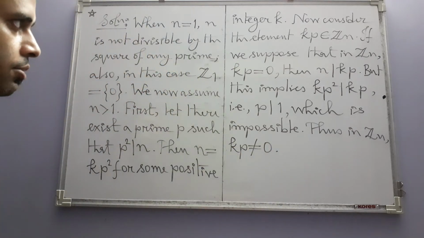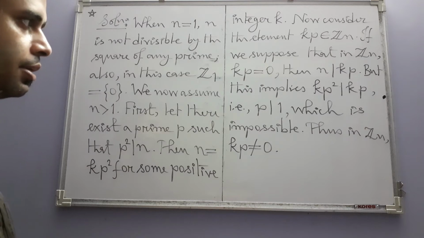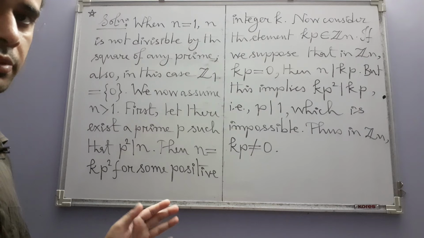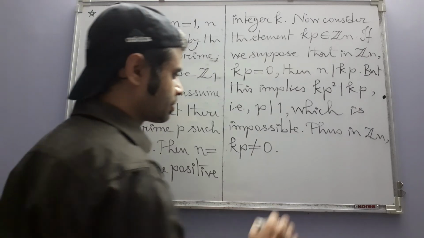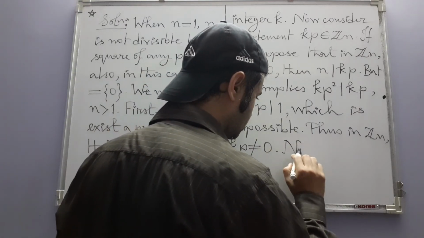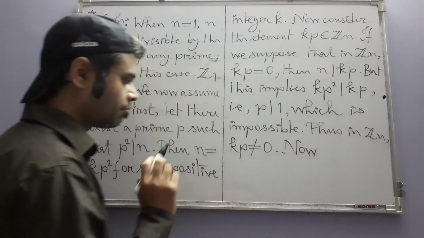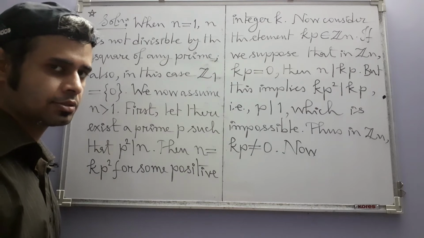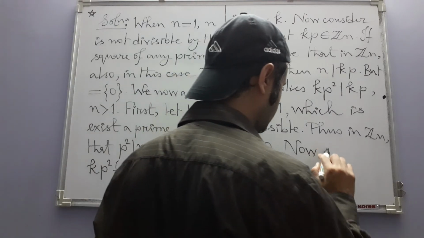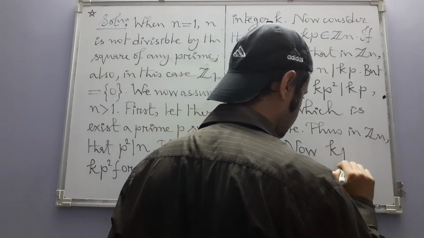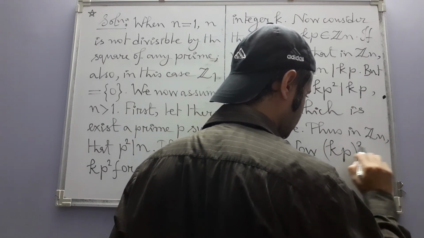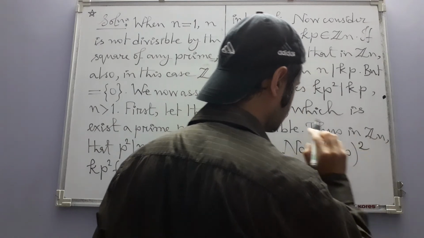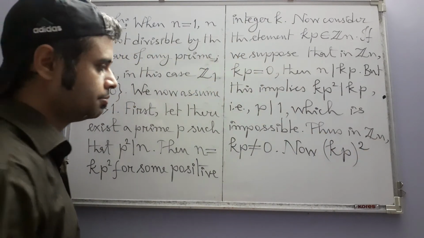We now want to show that kp actually is a nilpotent element, and that's how we will have a non-zero nilpotent element. So the power of kp we are going to try to show equals 0 is the smallest non-trivial power, (kp)². Keep in mind that our ring, this modular ring, is a commutative ring.